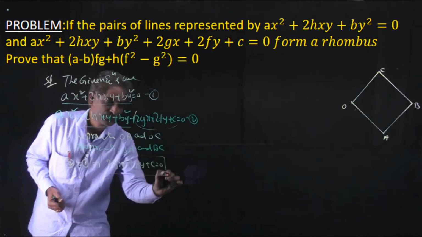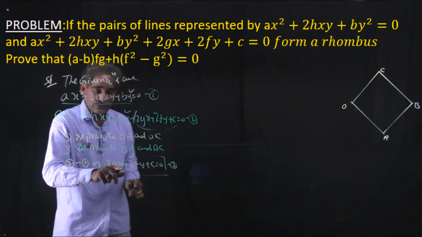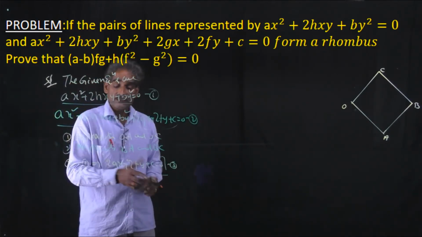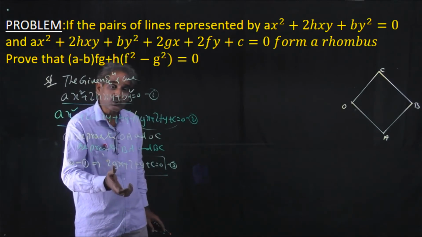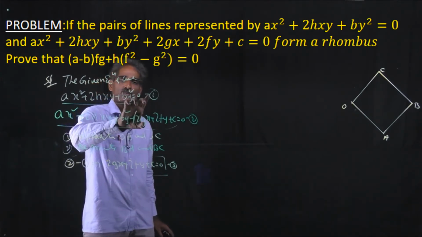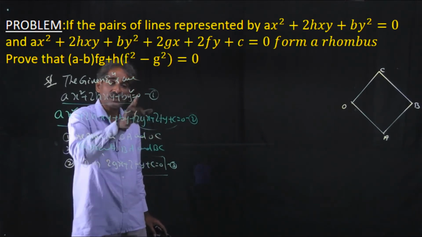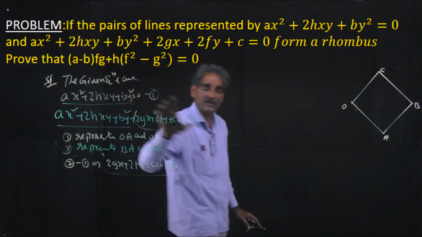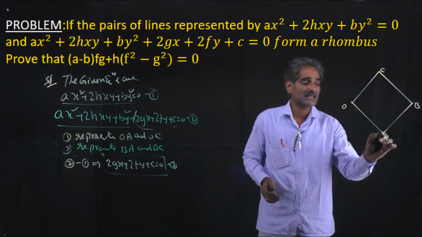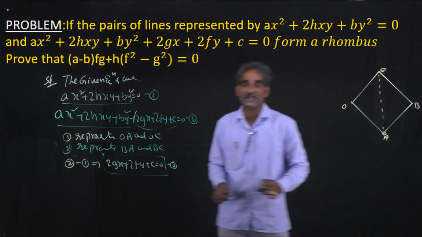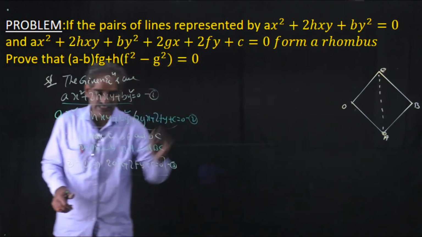Let it be 3. This is nothing but a line, because it is a first degree equation in x and y. It represents a line passing through the point of intersection of these two, since it is the resulting equation of these two. These two points of intersection are A and C. Therefore, equation 3 represents the diagonal AC.